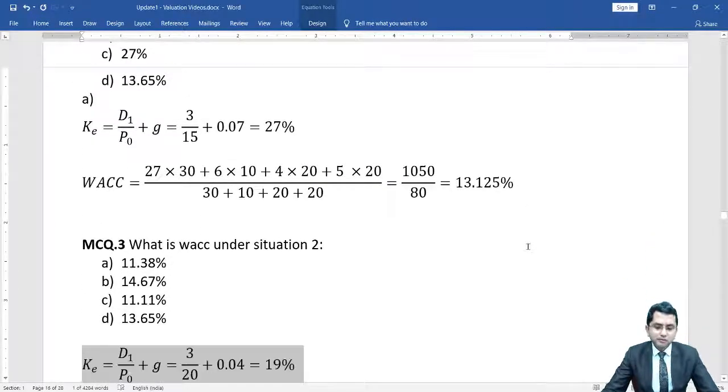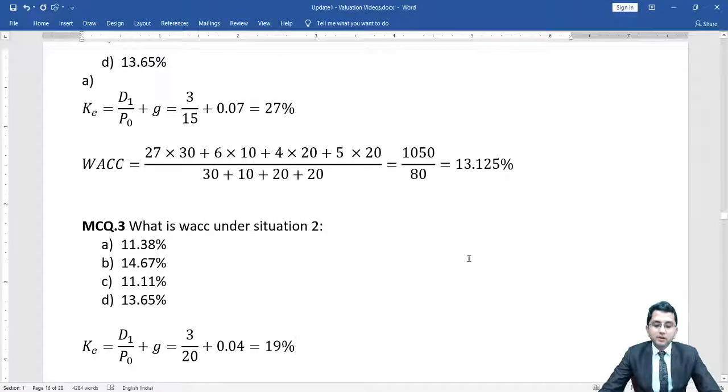Under situation 2, here the growth rate is reduced to 4%. D1 is ready-made given as 3 rupees and market price is 20 rupees. So cost of equity is going to be 19%.